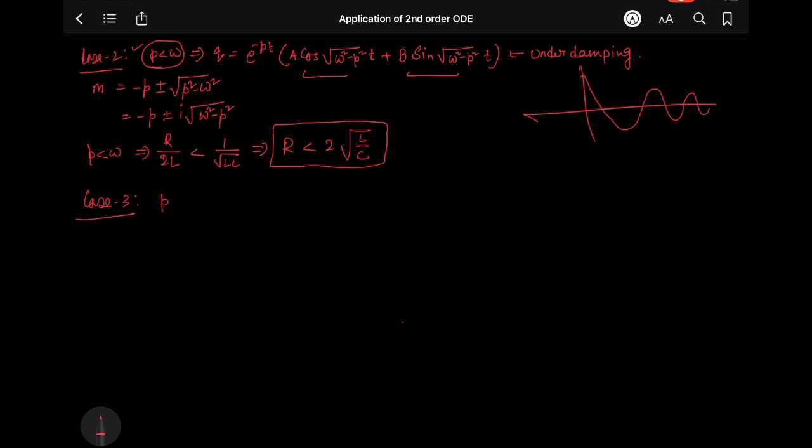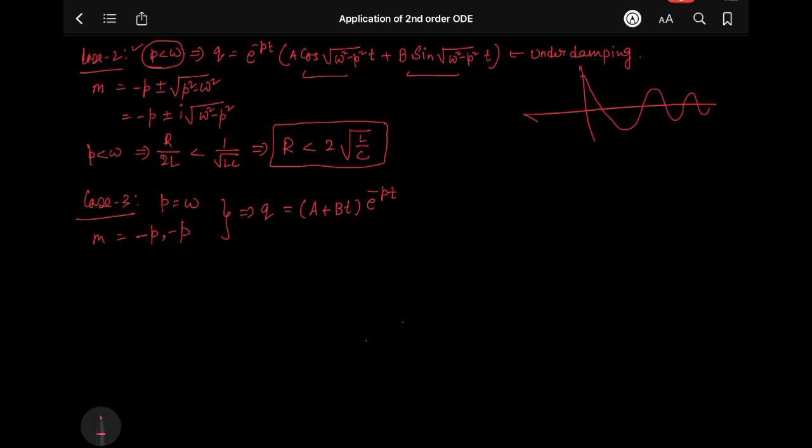And what is the next case? Case 3, P equals omega. In that case, M equals minus P, and the next part is obviously 0, so both values are minus P. Based on this, Q is (A plus Bt) e power minus Pt.